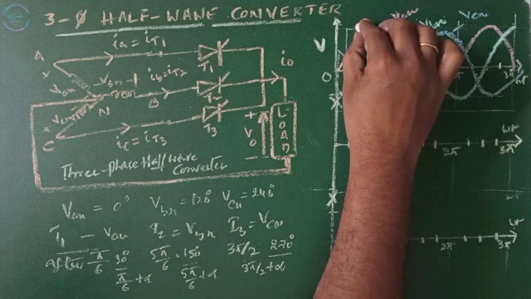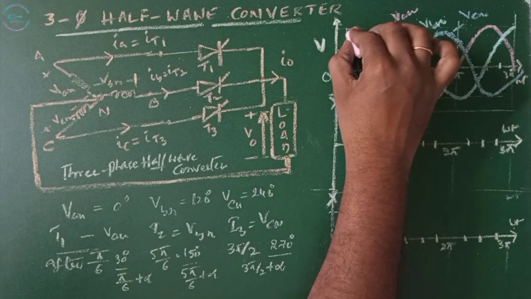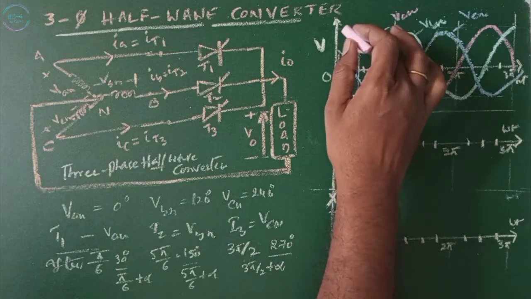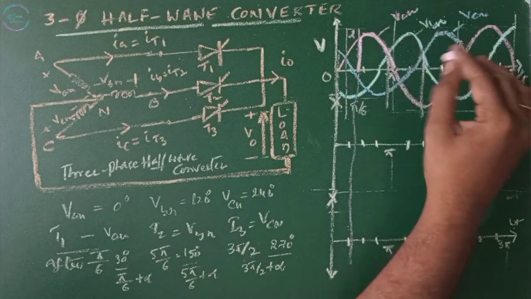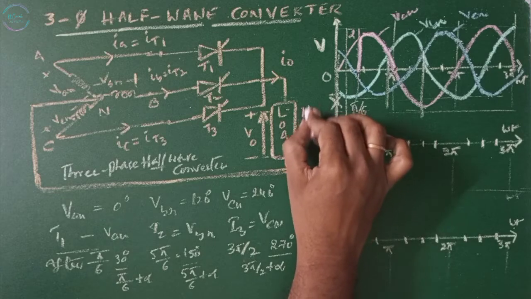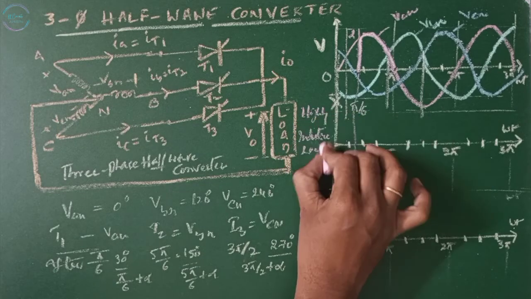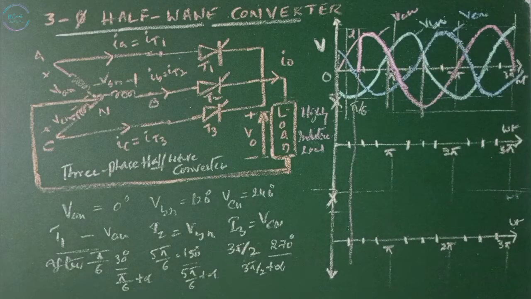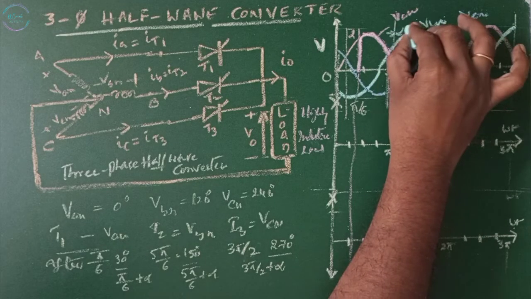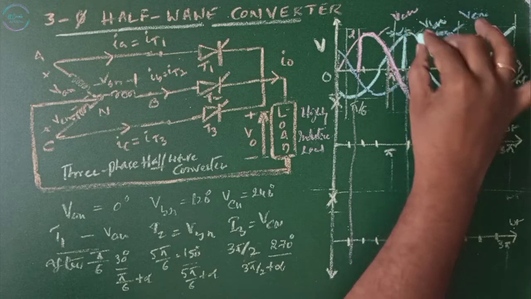T1 is turned on at an angle alpha. This is my alpha. When I turn on the thyristor, this is my output across the load. We have considered a highly inductive load. Then the negative peak arises, and T2 can be turned on from this area. Then this is the output.